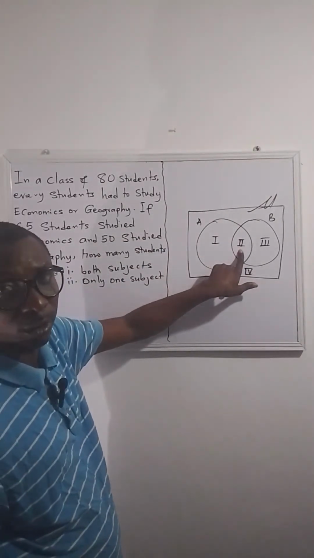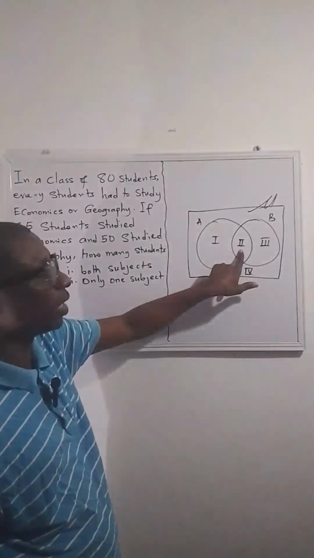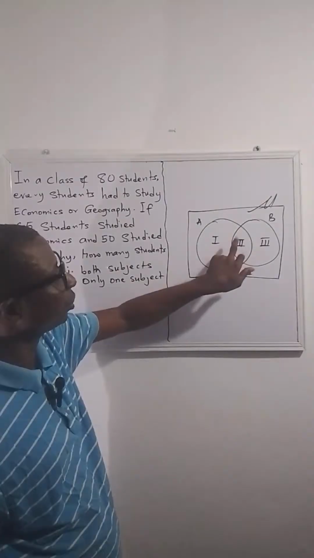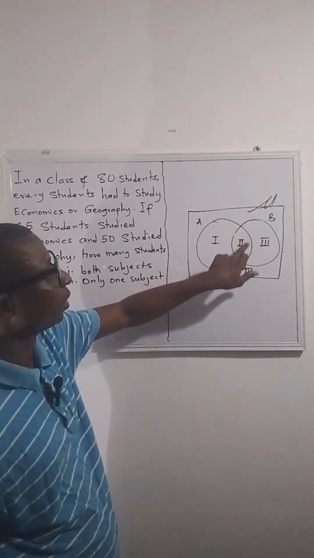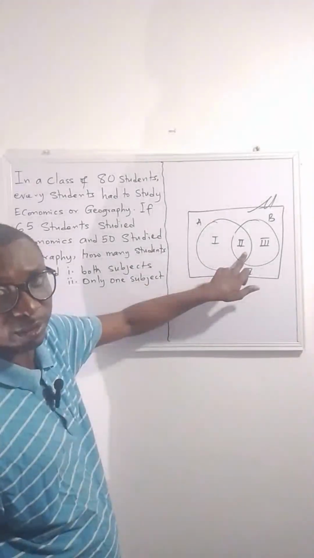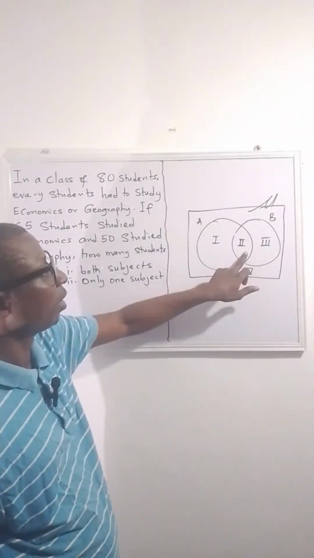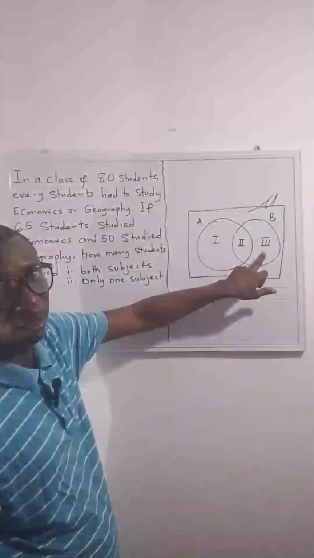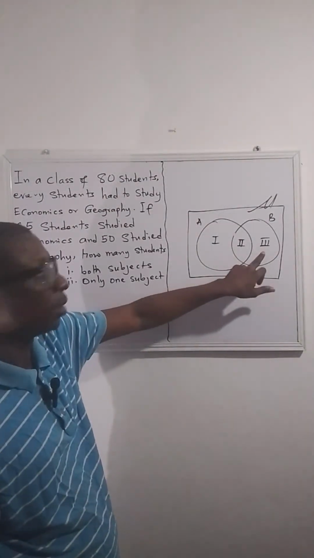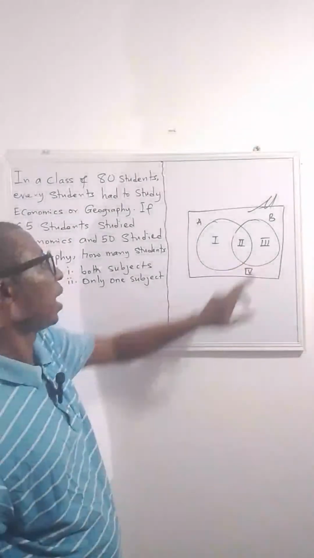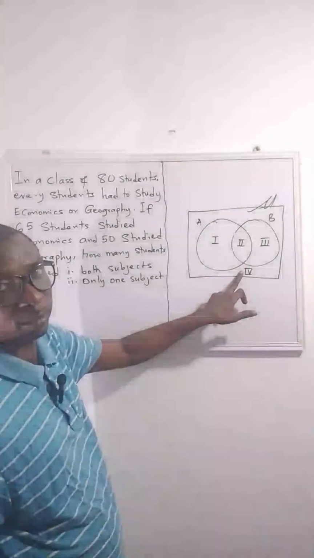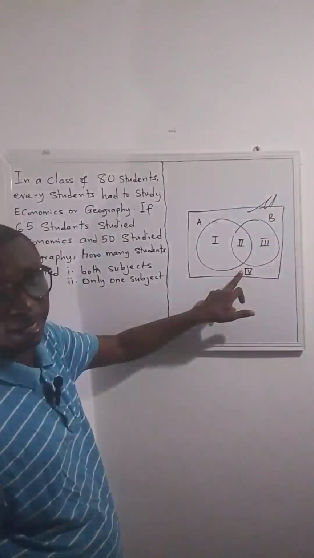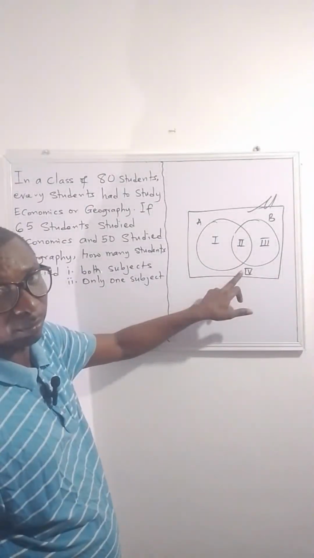Region 2 is region of A and B. You can see here we have the A circle and the B circle. Now this third part is B only. And look at this fourth part. Now it's neither B nor A, or neither A nor B.